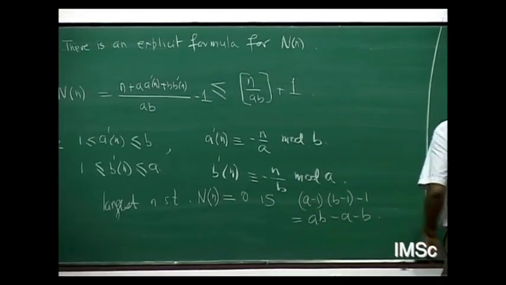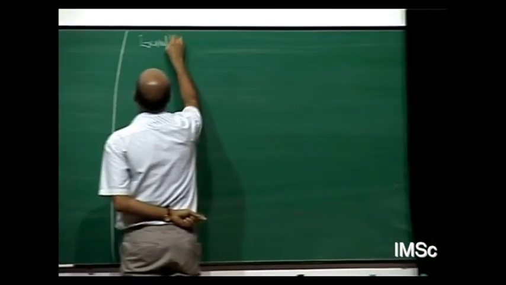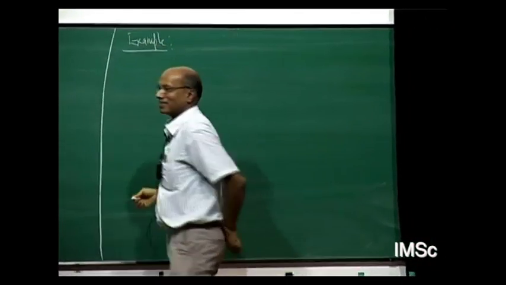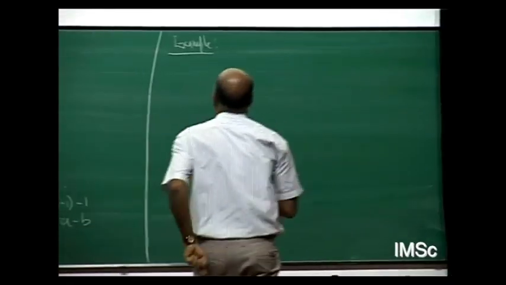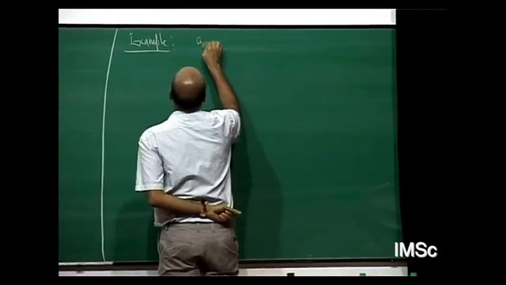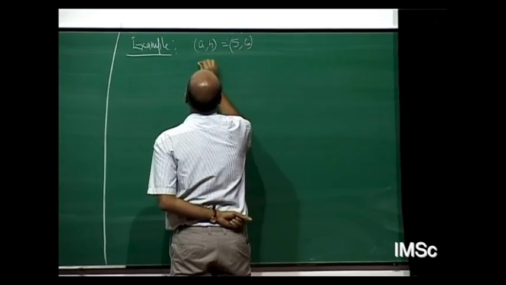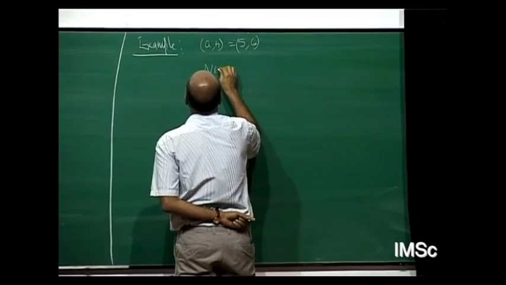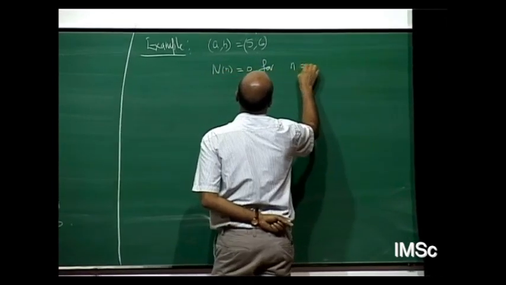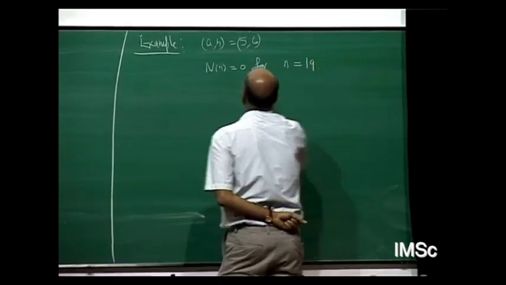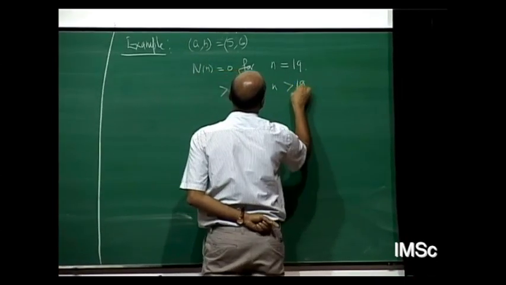I will do an example just to be sure. In theoretical mathematics, it's always good to check against examples. Look at a, b equals 5, 6, and then N(n) equals 0 for n equals 19, but is greater than 0 for n greater than 19.